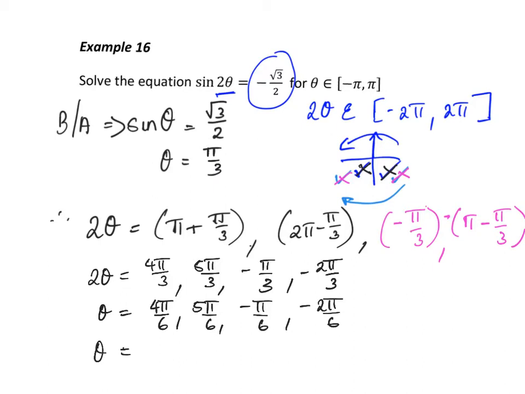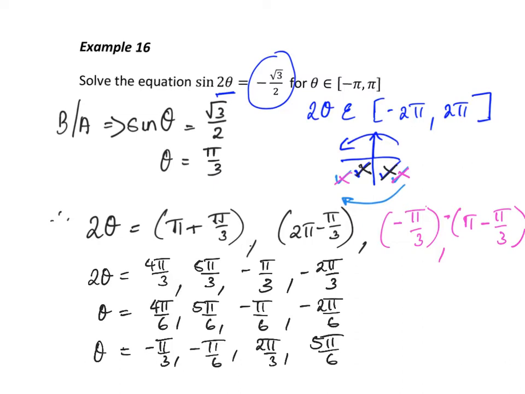Hopefully you're saying minus 2 pi on 6. So that becomes minus pi on 3, and then minus pi on 6. And then we go 4 pi on 6, which is 2 pi on 3, and 5 pi on 6. And they are my 4 solutions between negative 2 pi and 2 pi.